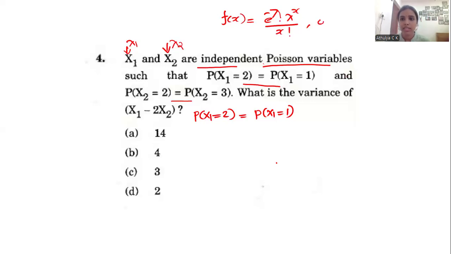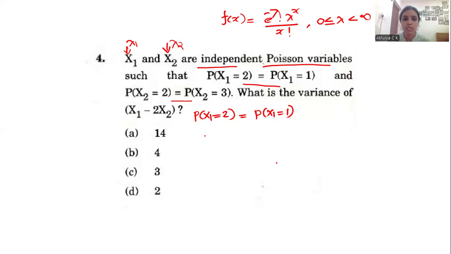We need to write the range of the variate also, then only it will be complete. So 0 less than lambda less than infinity, which means that the parameter lambda takes only positive values. Using the first condition, we can find the parameter lambda 1.